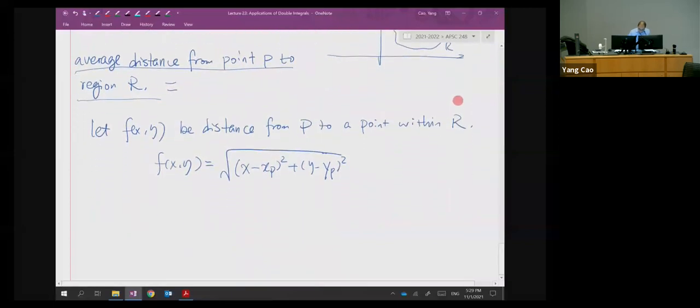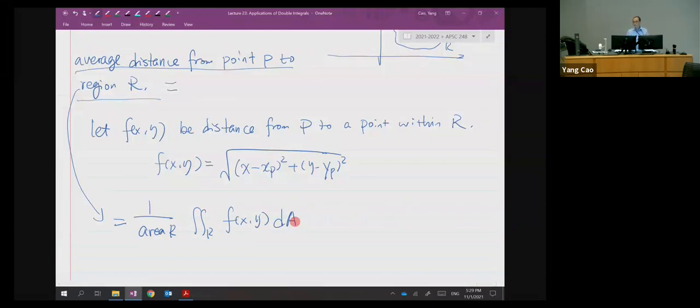That formula gives me the average equal to 1 over the area of R, times the double integral of the distance function over this region R. So it's exactly the same expression in terms of double integral.